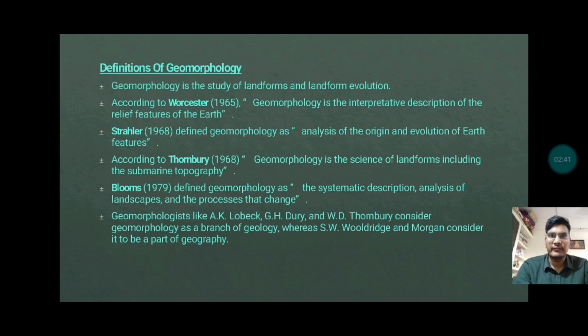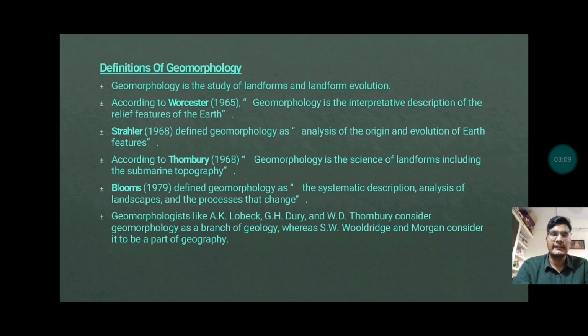Worcester in 1965 defined geomorphology as the interpretative description of the relief features of the earth. Means he has stated that whatever the visible relief features on the earth, the interpretation about them is known as geomorphology.